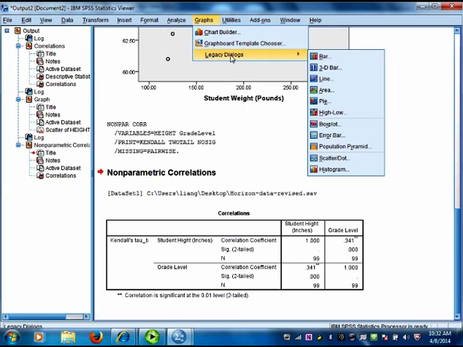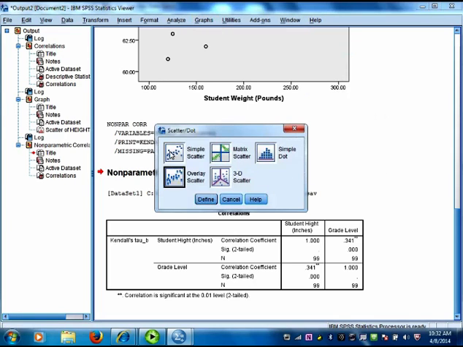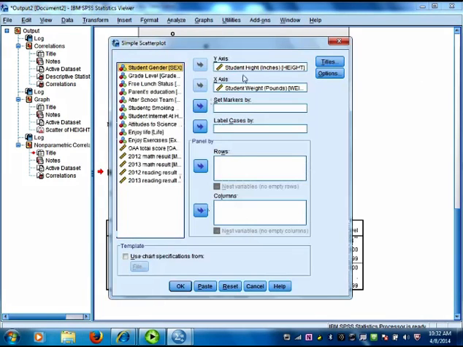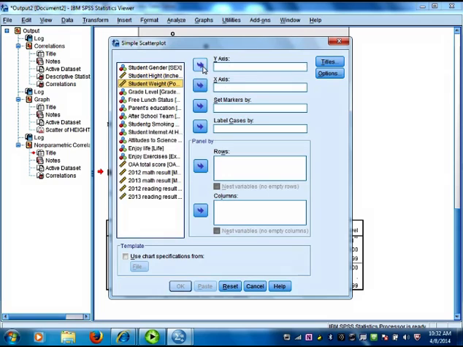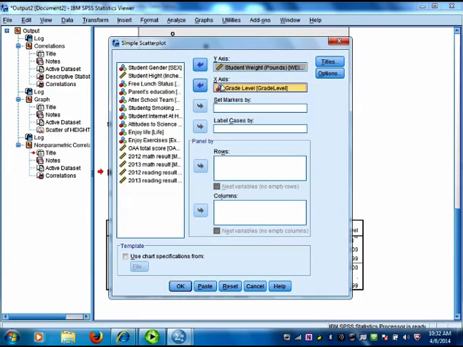For the R square, you can do a graph, and go to scatter plot, a simple scatter plot. In this case, you are doing student weight explained by grade level. So grade level is the independent variable and weight is the dependent variable.